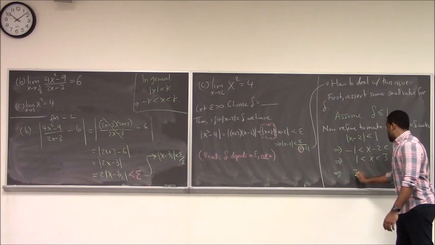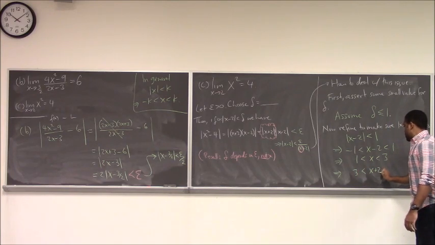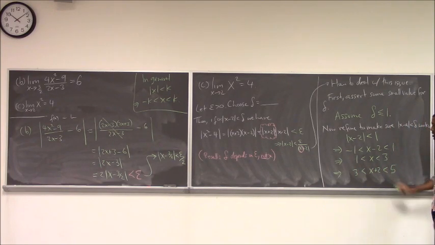Add 2 to this, x plus 2, add 2 to this, 5. In other words, assuming this as the maximum leeway I'm allowing for x minus 2, that would imply that x plus 2 must be less than 5 in absolute value. So putting a bound on my delta allows me to put a bound on the x plus 2.